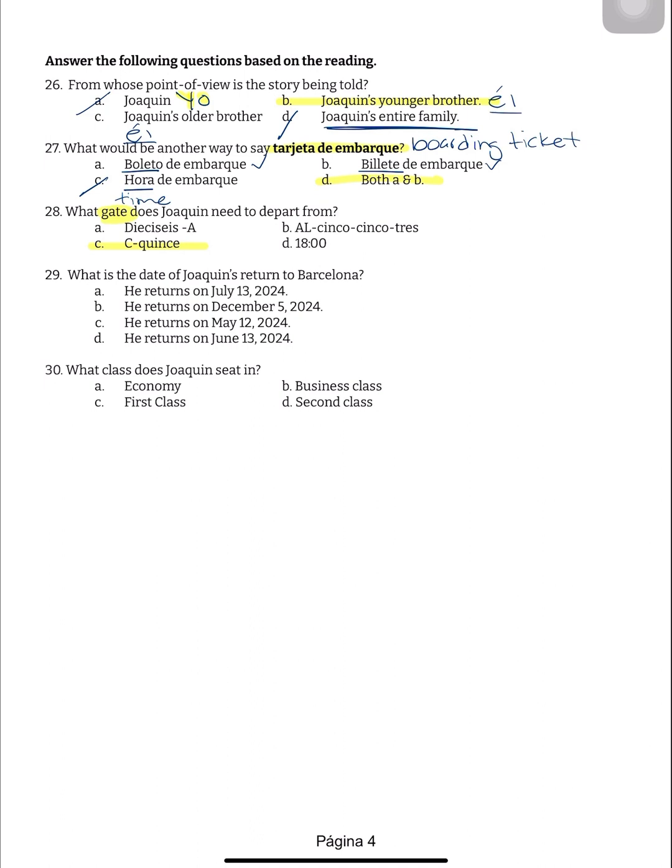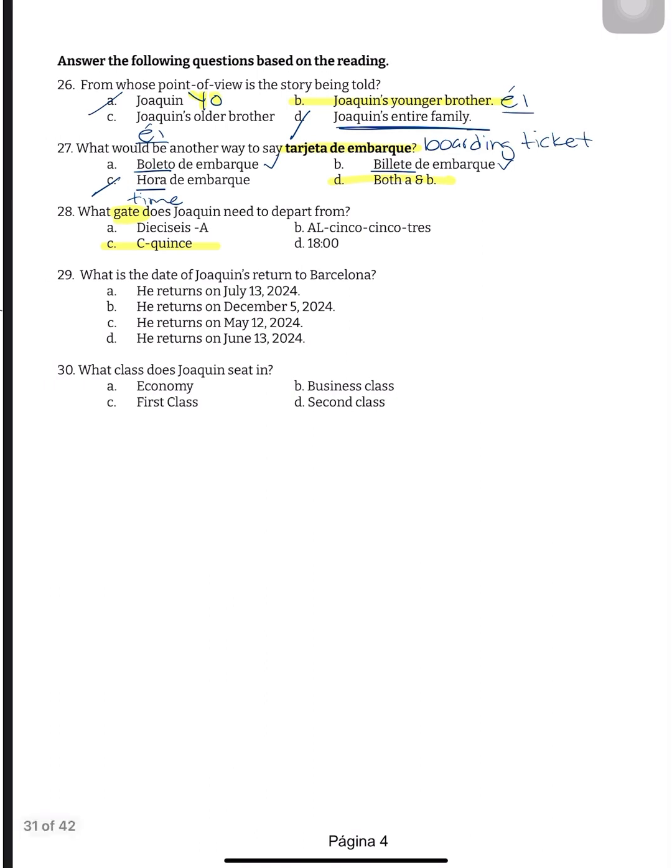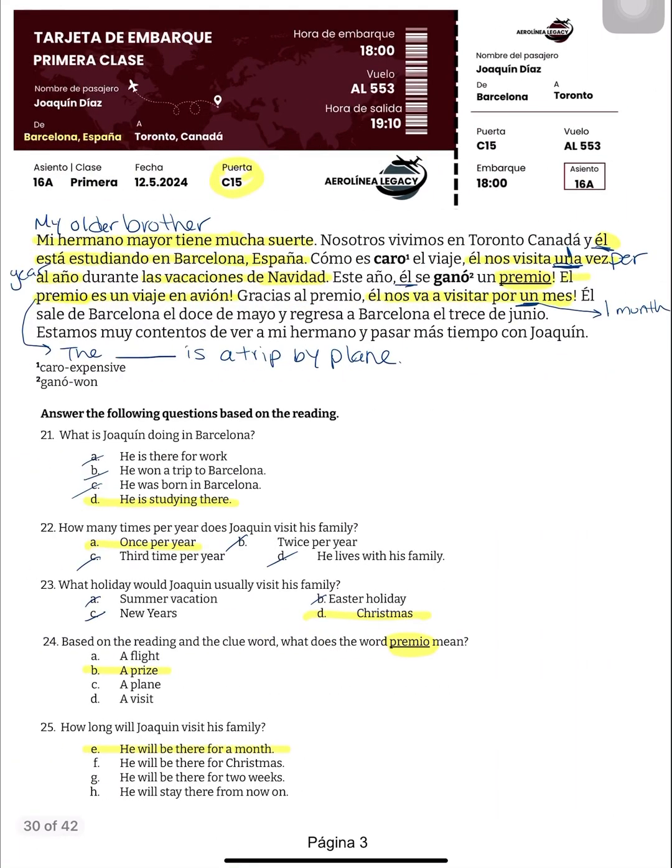What is the date of Joaquin's return to Barcelona? So when does he come back to Barcelona? Okay, I'm going to go back to the story, and it says, so we know he's going to be there for a month, right? And he gets there on the 5th of December.